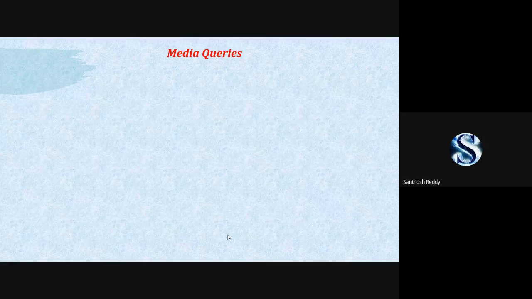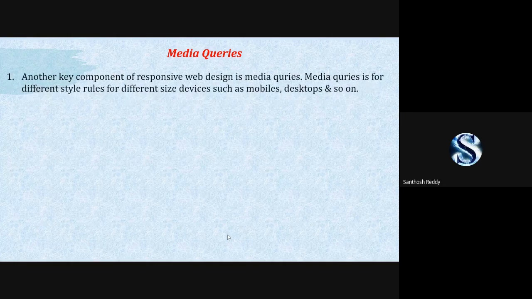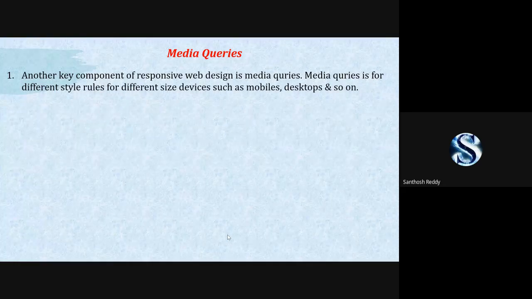If my screen size is 5 inches, what are the CSS properties I have to apply for that particular phone? To do that, we are going to use media queries. It is another key component for your responsive design.